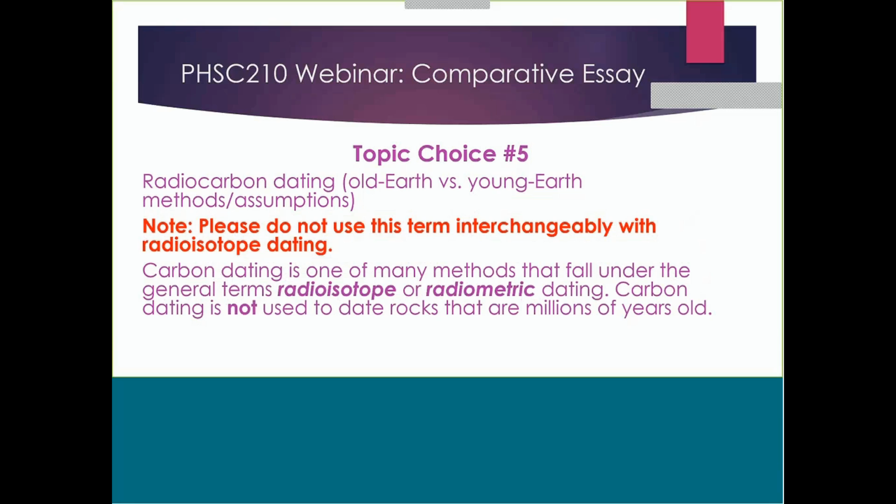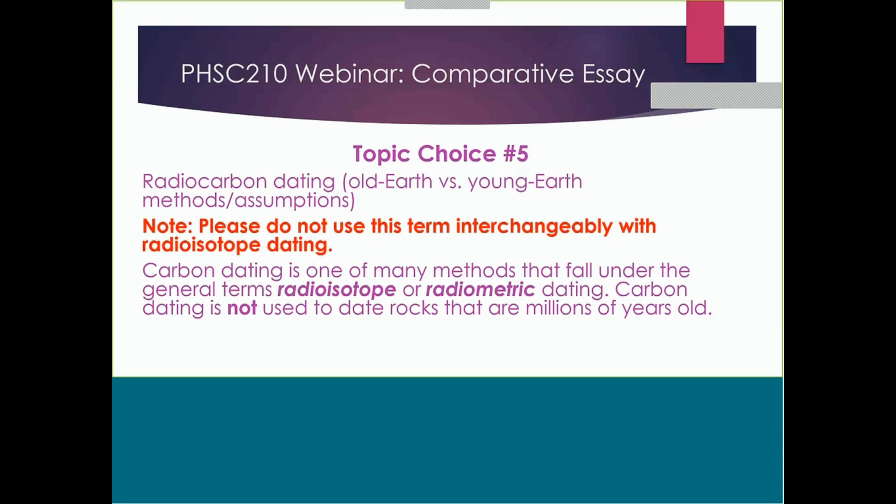Another important note on this topic choice, please do not use the term radiocarbon dating interchangeably with the term radioisotope dating. Radiocarbon dating or carbon dating is one of many methods that fall under the general terms radioisotope or radiometric dating. Carbon dating is not used to date rocks that are millions of years old. Other radioisotope methods are used.